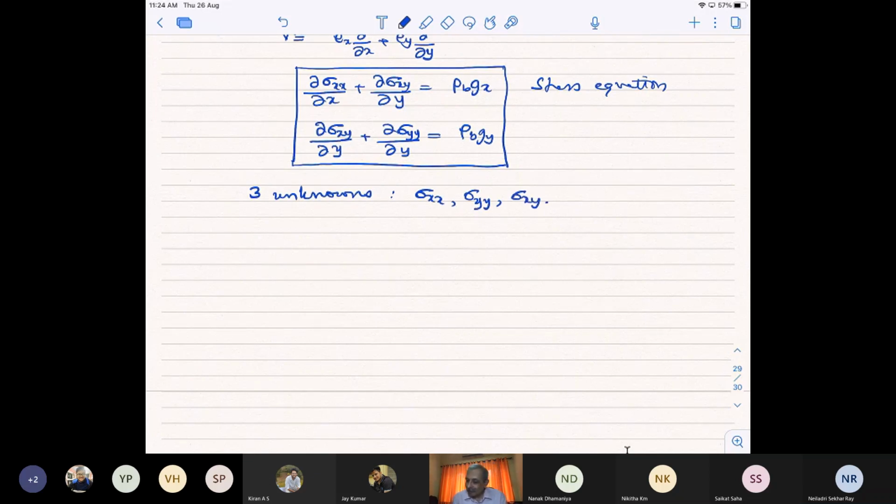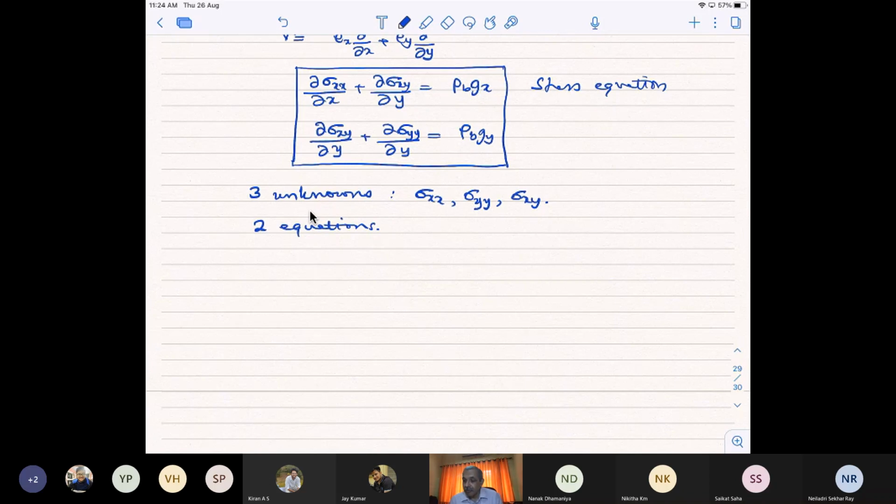How many equations do we have? Two. So obviously we can't solve this problem, so we need something more. That essentially tells us, because this equation is valid for any system, like I've been saying, for water, for a block of steel, for particulates, for anything.